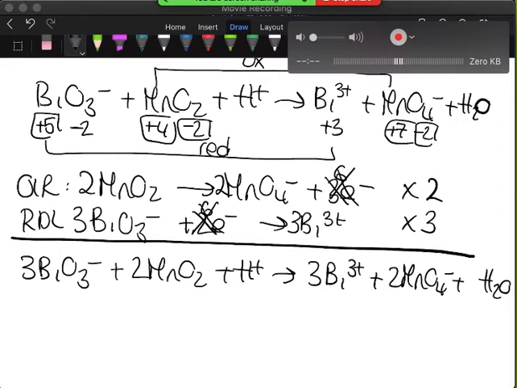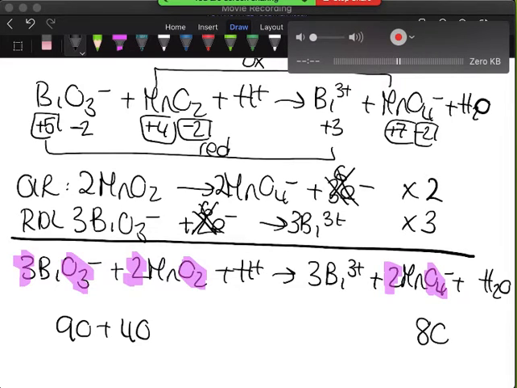So I'm looking at my O's. Over here on this side I have 3 and 3 and I have 2 and 2. So I have 9O plus 4O gives me 13O. On this side I have 2 by 4 is 8O. So 13 take away 8 leaves me a 5 oxygen deficit. So I put 5 here. And on this side I have 10 H's, so I put 10 here.